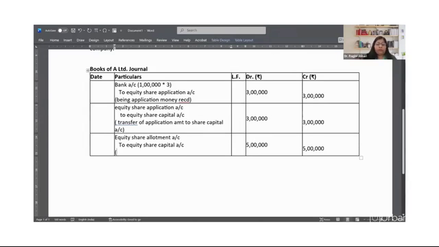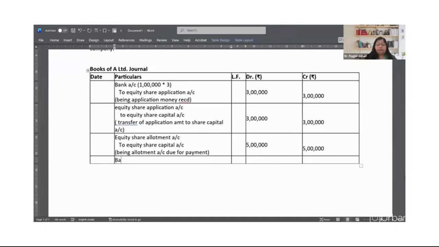The narration here would be, that is the allotment account due for payment. Now comes the receipt.